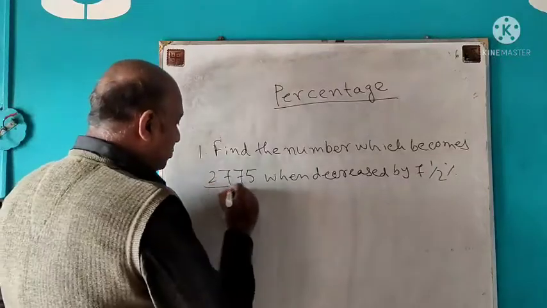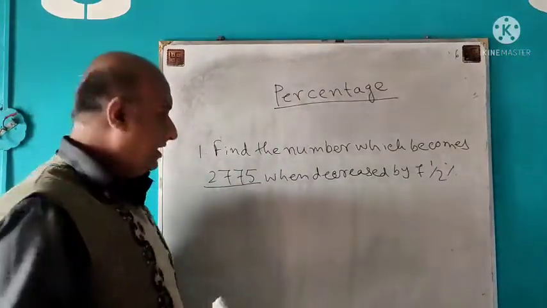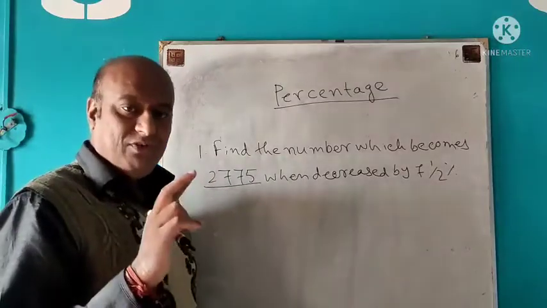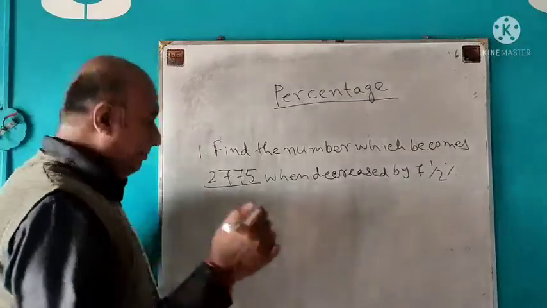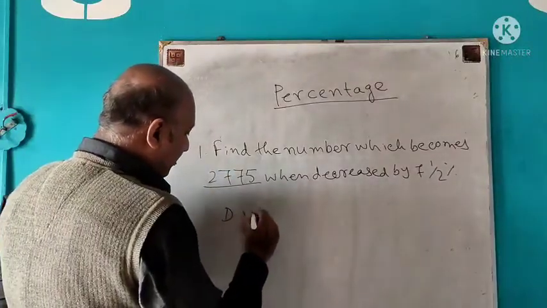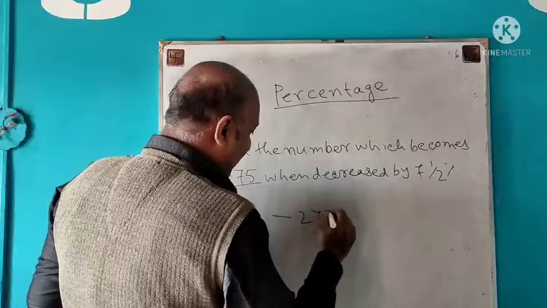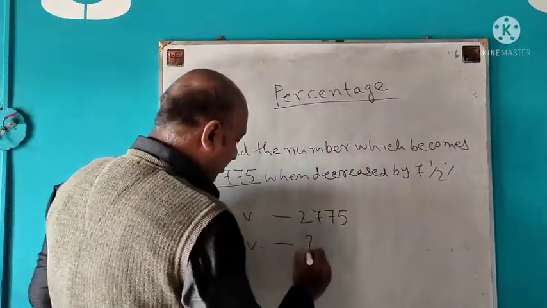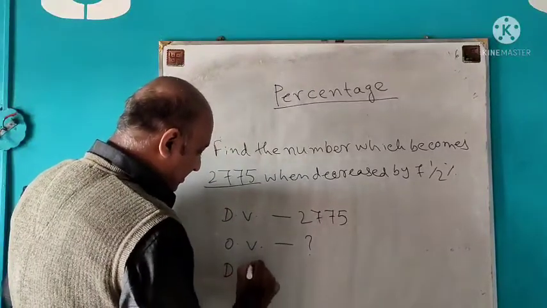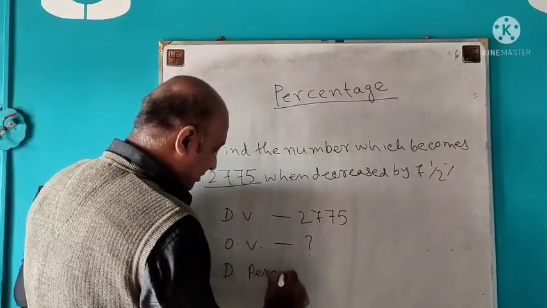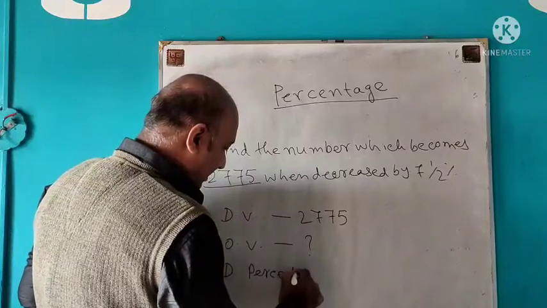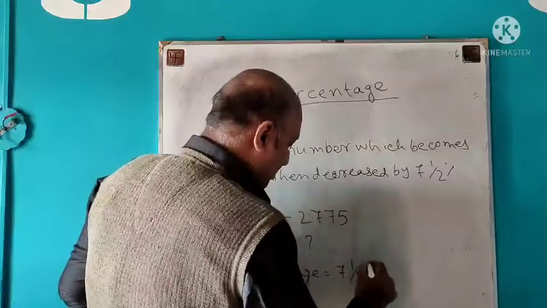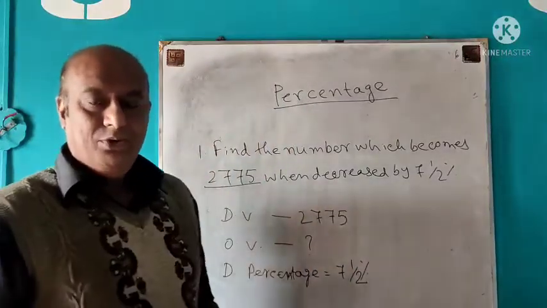So this 2775 is the decreased value, and we have to find out the original number. The decreased percentage is equal to 7.5%. There are two ways we can do it.